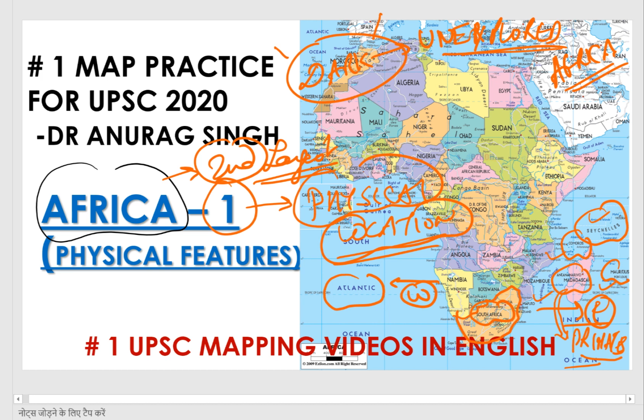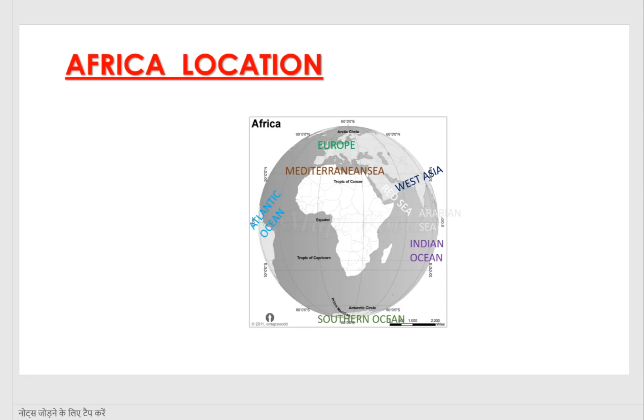So let us study in detail about Africa. As I told, Africa is located in between the Atlantic Ocean in the west and the Indian Ocean in the east. And to the north of Africa is located the Mediterranean Sea. It is also a part of the Atlantic, sandwiched in between Europe and Africa.